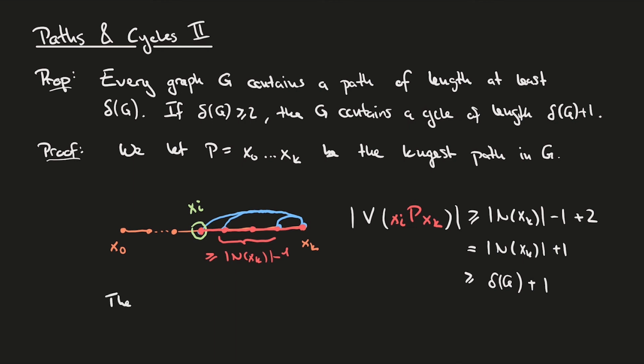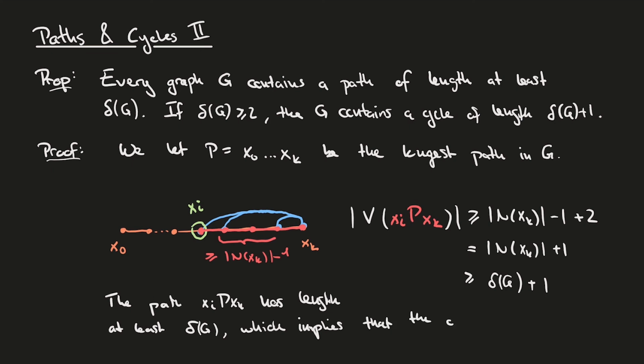This shows that the path xi P xk has length at least delta G, which implies that the cycle, which we obtain by adding the edge xi xk to this path, so that's xi P xk union xi xk, has length at least delta G plus 1.